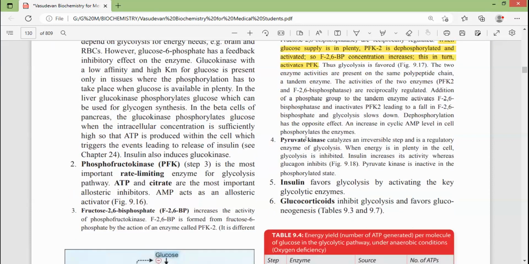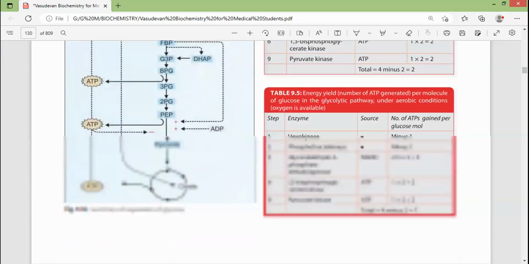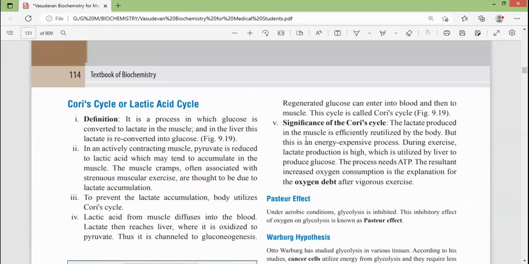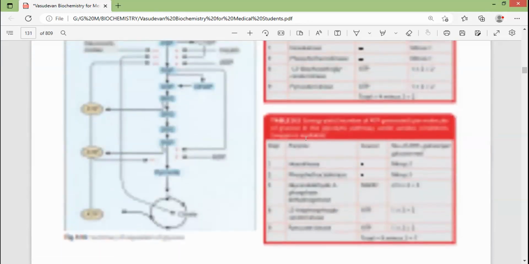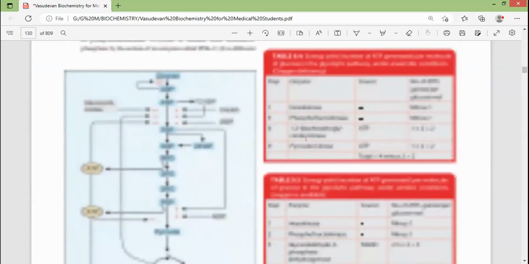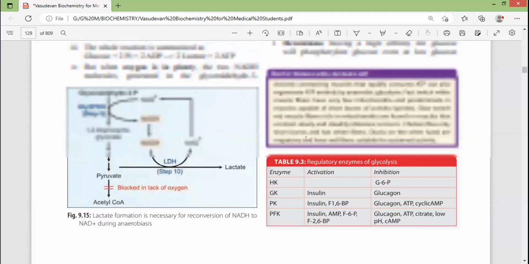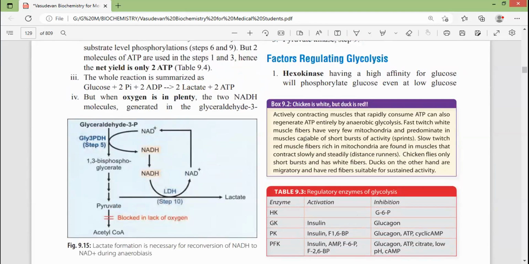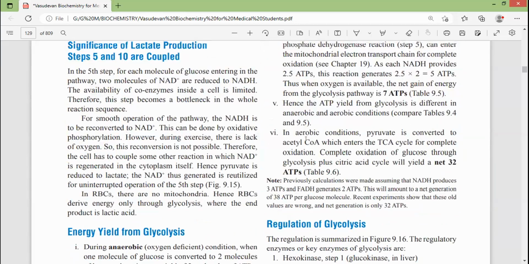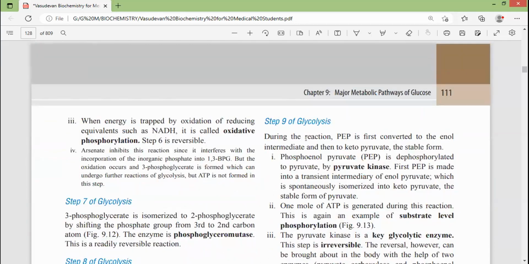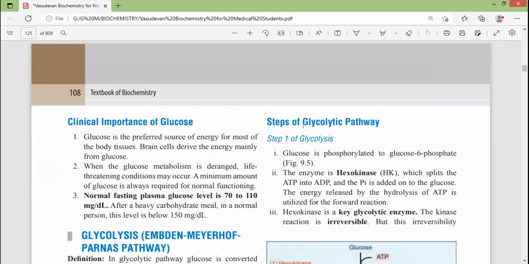Then I believe that's it, unless someone has a question on glycolysis, or any question, addition, subtraction. Stanley, Shrina.